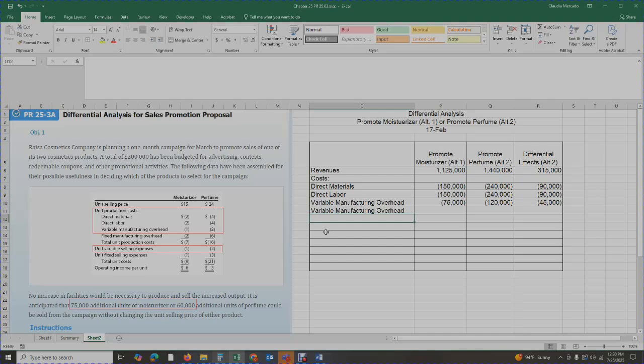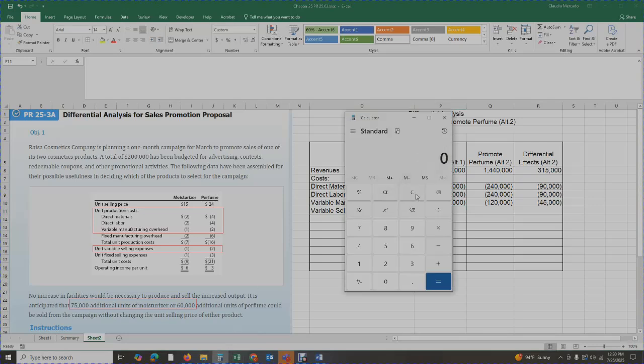So we're going to bring in the variable selling expense, and let's get our calculator. We're going to have 75,000 at $1 a piece.